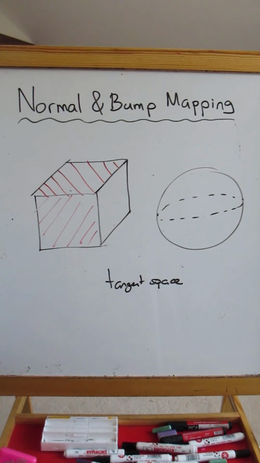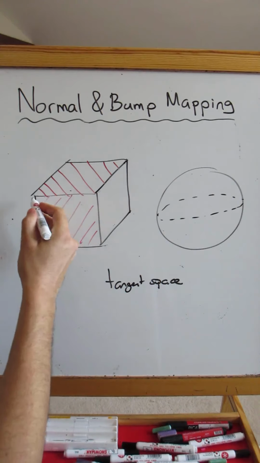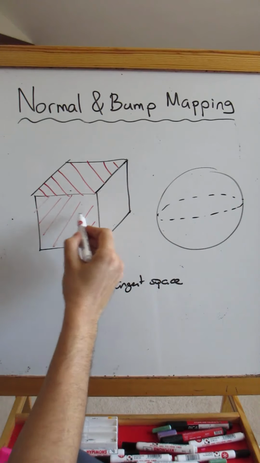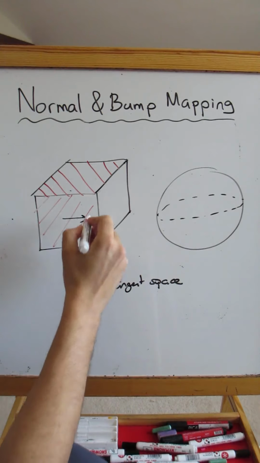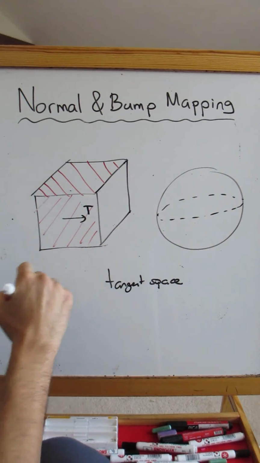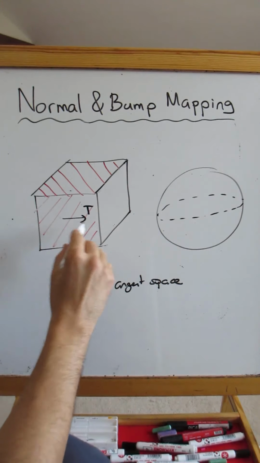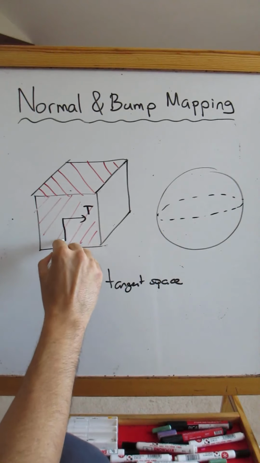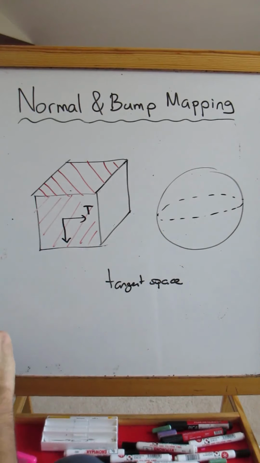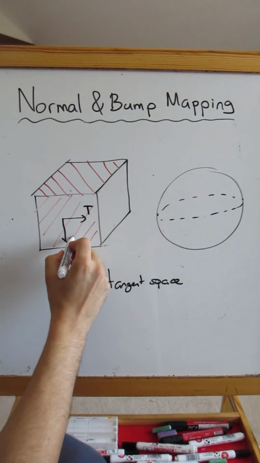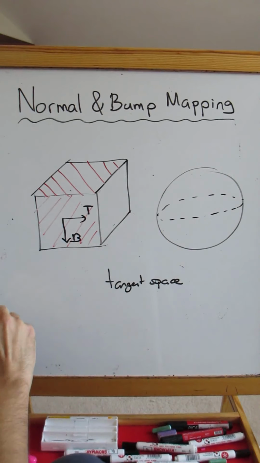Now, as you know, to define a space, we use three vectors. So let's take the front face. One vector can be like this. We call this vector the tangent vector on the plane. The second vector is going to be orthogonal to the first vector. That's called a bitangent.